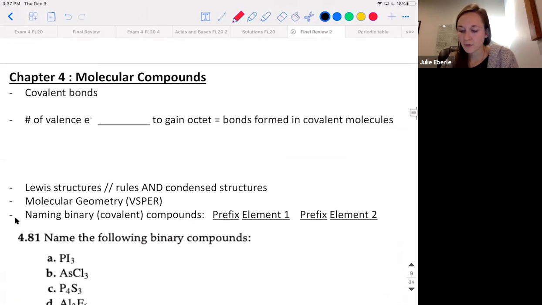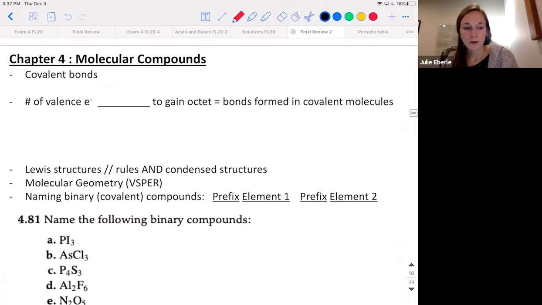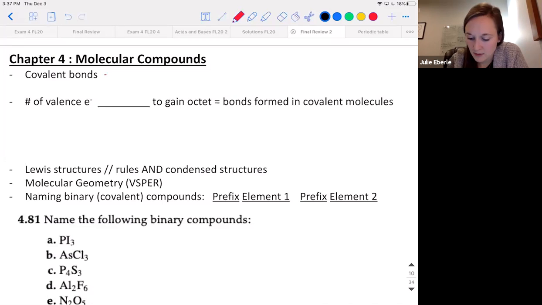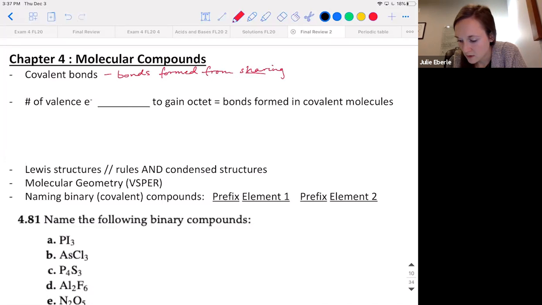That's the end of chapter 3, moving on to chapter 4. We are now talking about covalent bonds. So, what is a covalent bond? It is a bond formed from sharing electrons. And all of this is still built off of the octet rule.